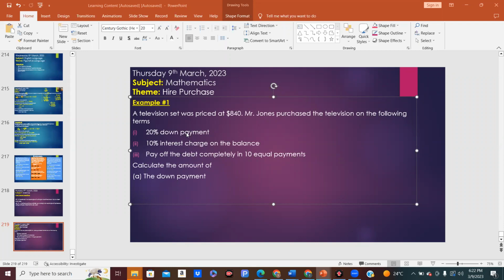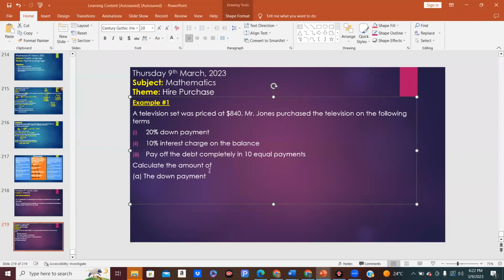The first thing we know is that there's a 20% down payment that must be paid. The second thing is that he has to pay 10% interest charge on the balance. And the third thing is that he has to pay off the debt completely in 10 equal payments. All right, so that's what we have to look for right here.